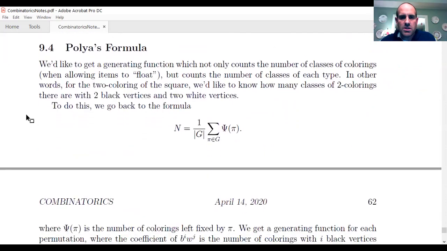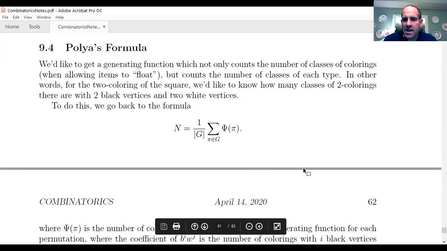We want to know how many classes of two colorings there are with some number of black vertices and some number of white vertices, for instance. And I just kind of want to talk about this in the abstract at the beginning, and then we'll get into specifics later. And like I said, I don't necessarily even fully like the way that I'm doing it down here. It is different from the book.